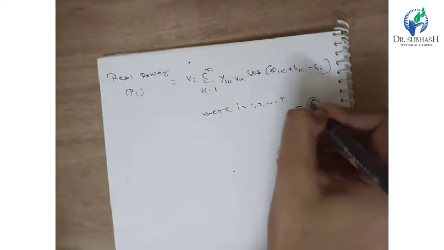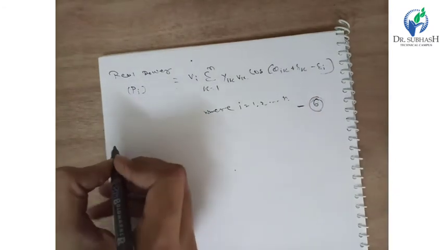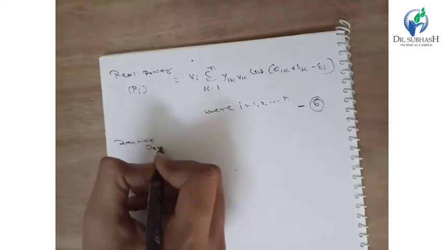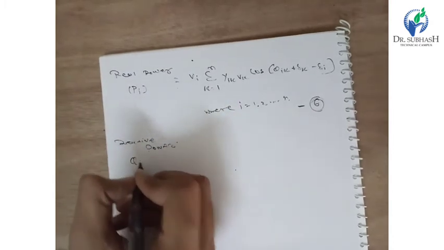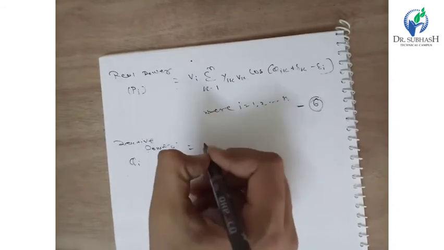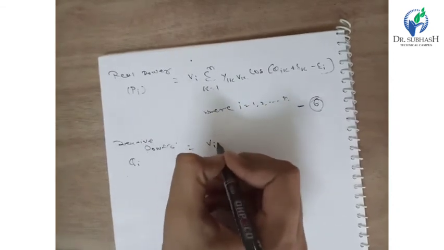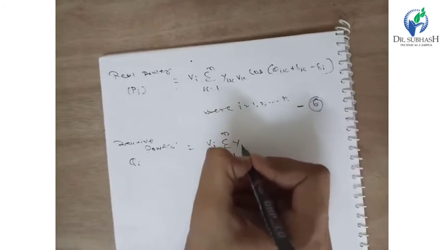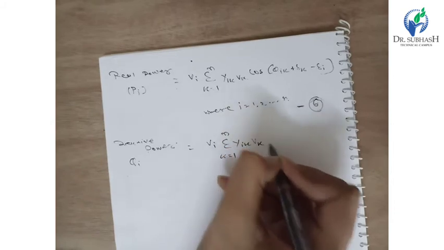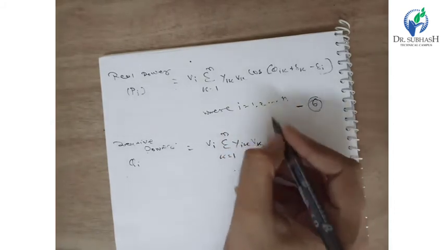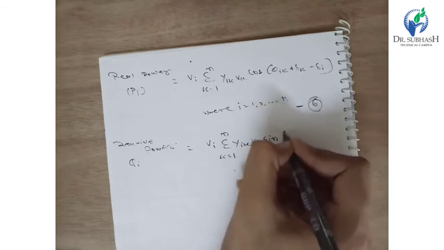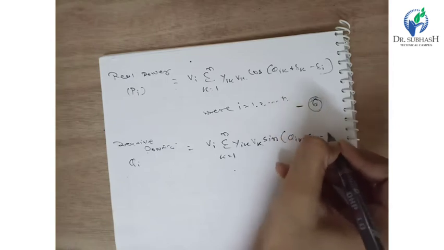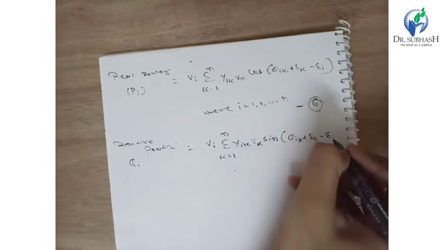Equation number 6. And for the reactive power, Qi is equal to Vi sigma k is equal to 1 up to n Yik Vk, the same form, and the angle of them is a sine form: sine of theta ik plus delta k minus delta i.